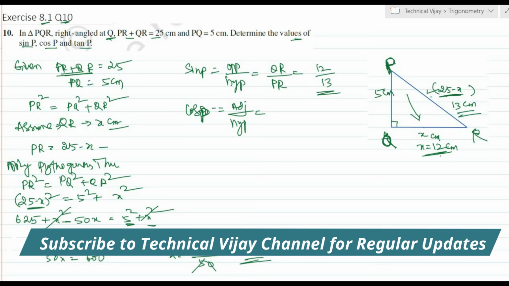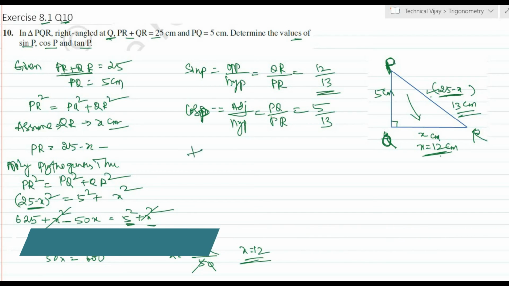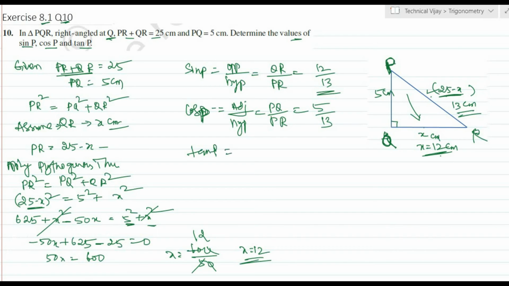So here adjacent means PQ divided by PR, so here 5 divided by 13. So tan of P is equal to opposite divided by adjacent. Okay, so QR divided by PQ. QR is nothing but 12 divided by 5. So these are the three values.